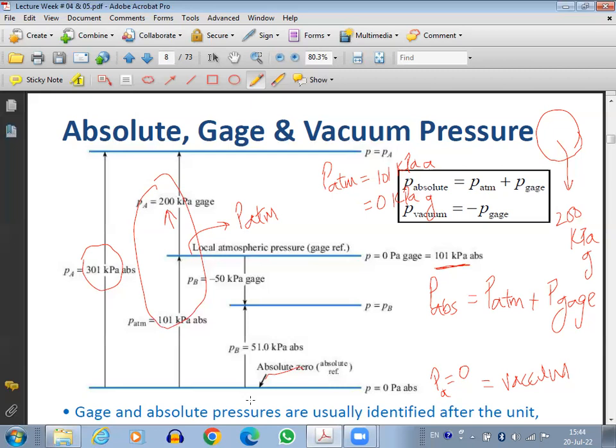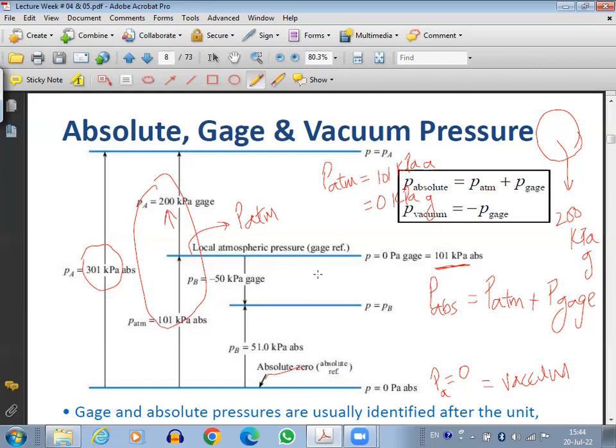So whenever I have a vacuum reading, again, like gauge, it takes the reference point as atmospheric pressure. Gauge gives how much higher than atmosphere. Vacuum gives the reading of how much lower than atmosphere.